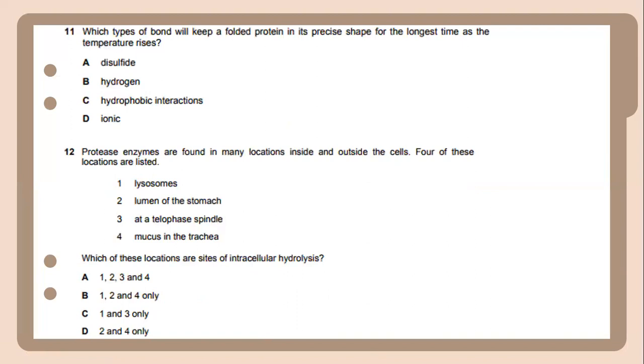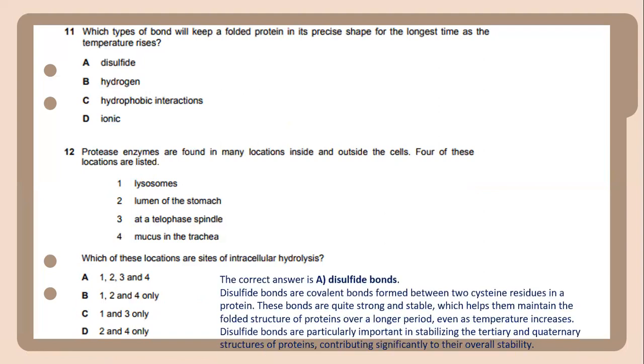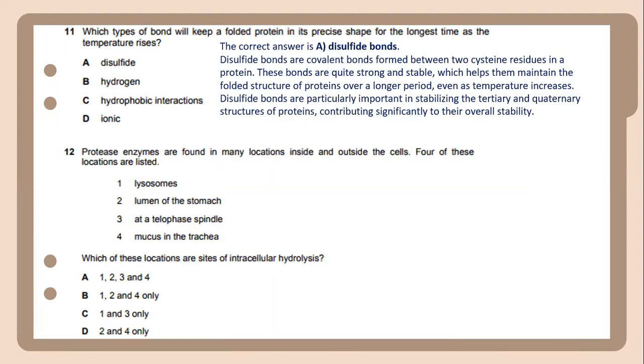11. Which type of bond will keep a folded protein in its precise shape for the longest time as the temperature rises? The answer will be disulfide. Why disulfide? Disulfide bonds are covalent bonds formed between two sulfur residues within a protein.